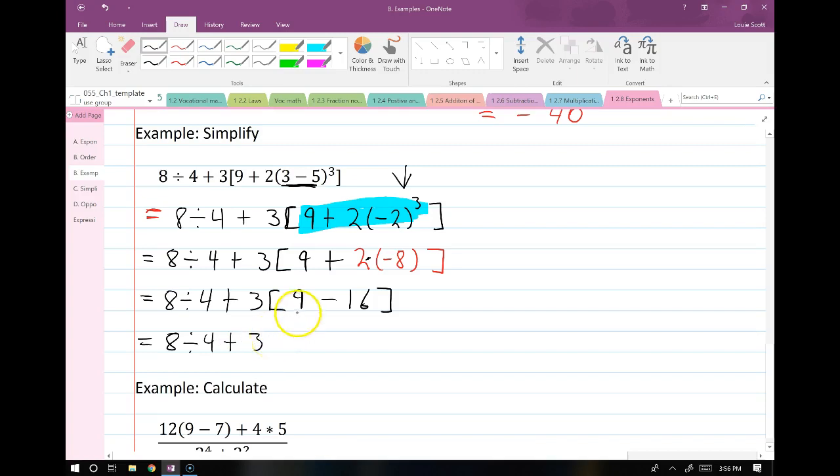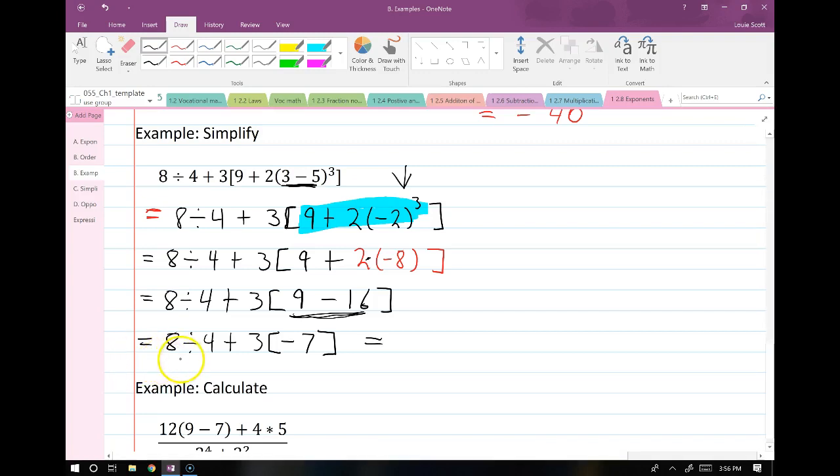Now I handle my last bit of math inside the parentheses. 9 minus 16 gives me a negative 7. Okay. So now, almost there. I'm out of the parentheses. I'm in the outer world now.